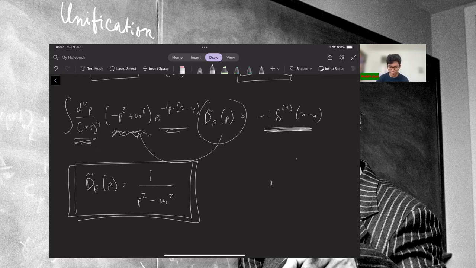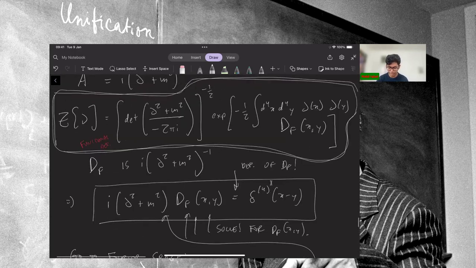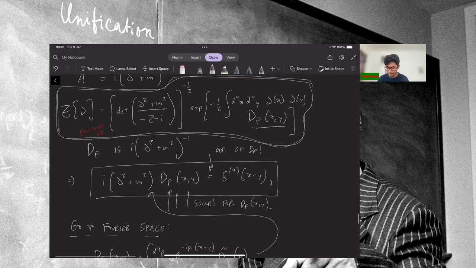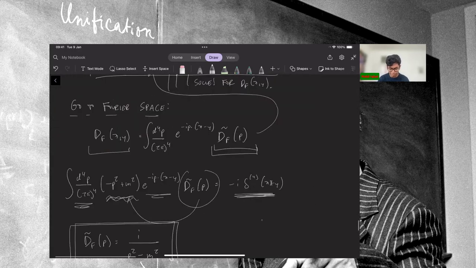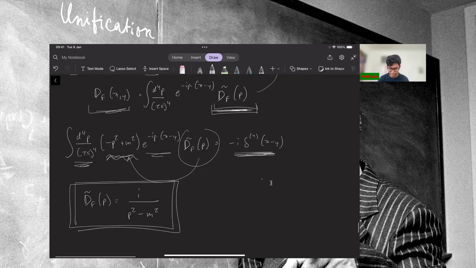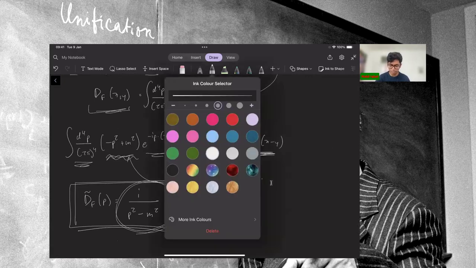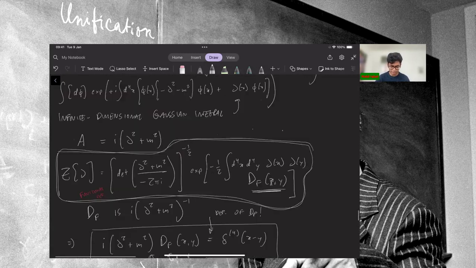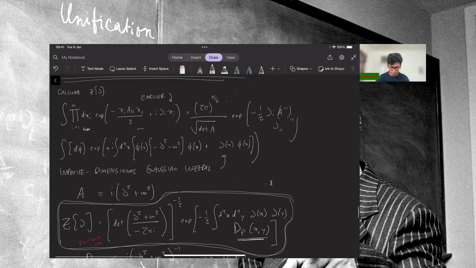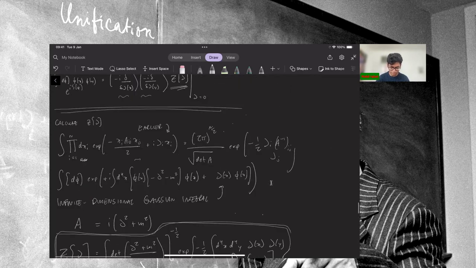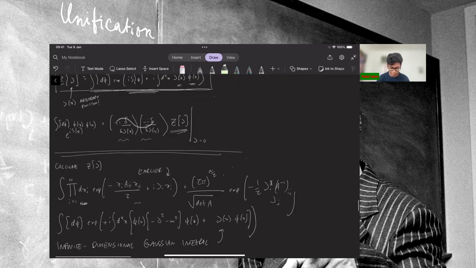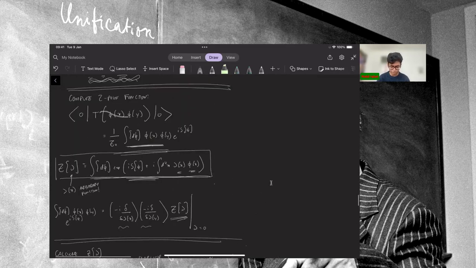And now let's just finish the calculation completely once and for all. We now have figured out what D_F of x and y is. D_F of x and y is the Fourier transform of i over p² − m². And now, going back what seems like a long distance, we know that what we want to do is take two functional derivatives of Z of J to calculate this two-point function.